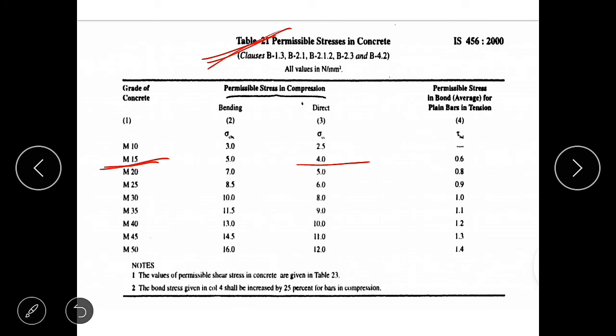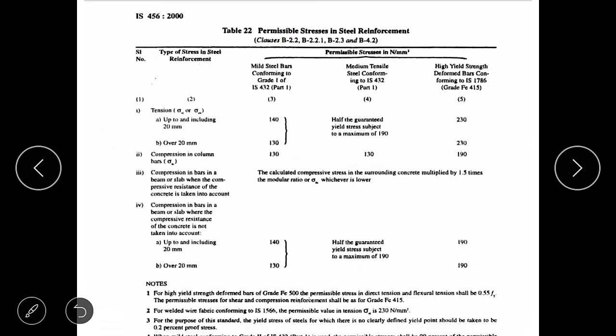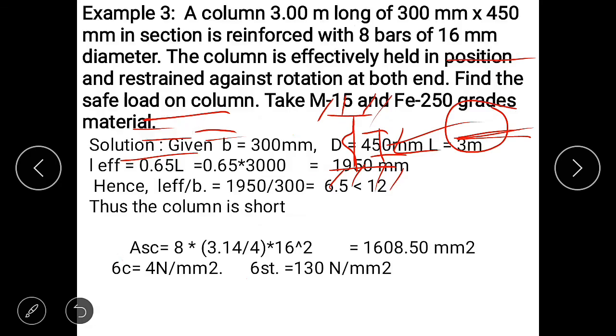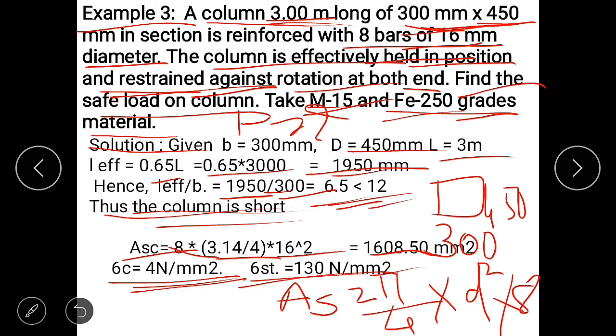And here table number 22: for column, our steel is mild steel. So for mild steel the answer is sigma SC, which is 130. So we tick here sigma SC is 130. Okay.